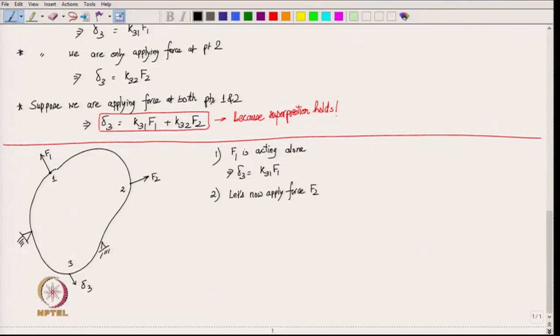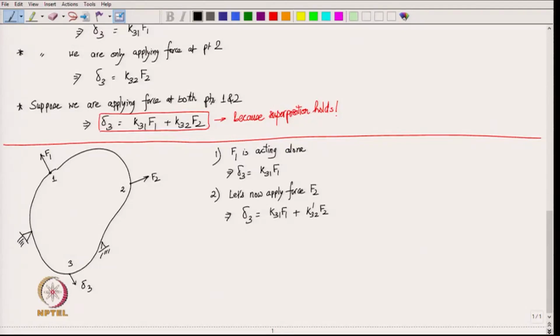Since the body has deformed, we expect that the influence coefficient will perhaps be different than K32. So, that means delta 3 would then be K31 F1, whatever was the displacement, plus K32 prime into F2, is not it? So, you see we have K32 prime because the body has deformed. So, the influence coefficient may have changed.